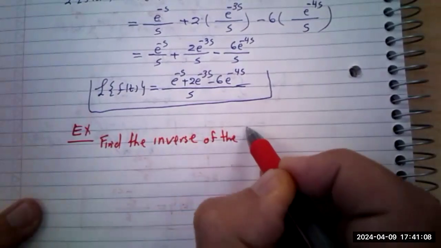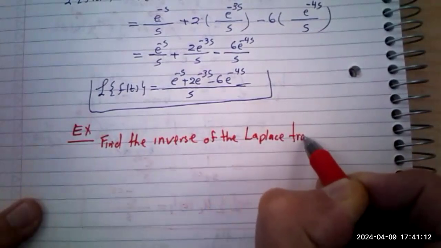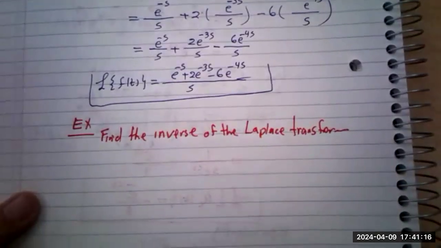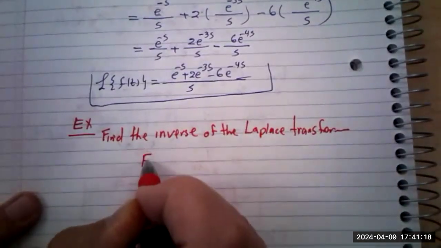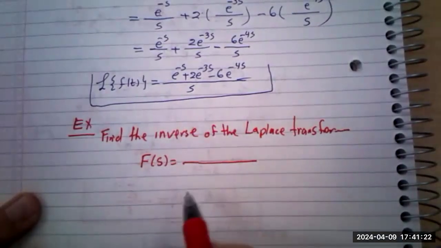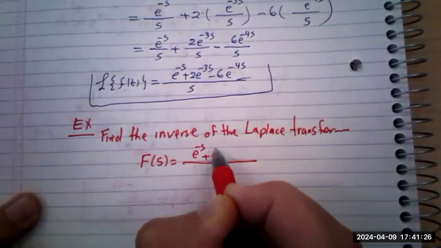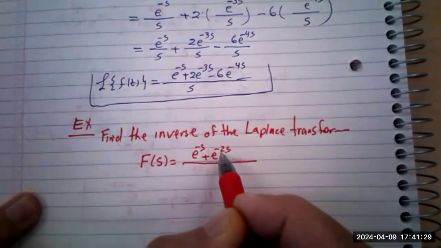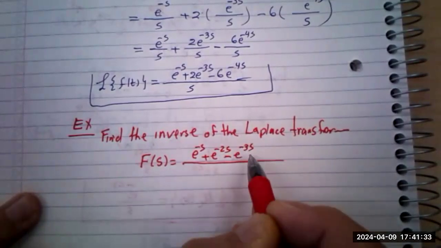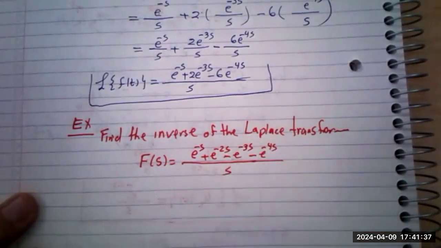The function is F of s, and it would be very similar to the one that we did. Let's take this one: e to the negative s plus e to the negative 2s minus e to the negative 3s minus e to the negative 4s, all over s.